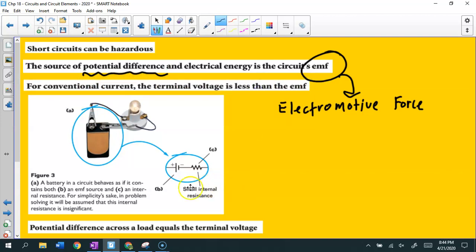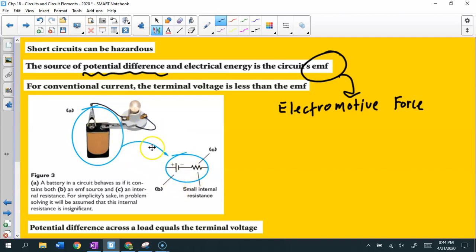But what I can give you is just to understand a little better. Basically, this battery actually has its own little bit of resistance. Think of it as if the battery has a little bit of sand in it by itself. It's like saying the water pump has sand in it, right?